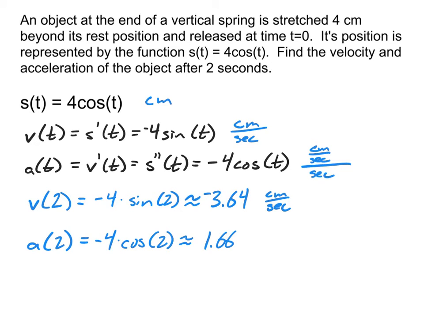So really you're looking at centimeters per second per second. Well, we've seen this before. We've seen there's a shorter way to write this. Instead of centimeters per second per second, which is correct, we can write that a little bit shorter by writing it as centimeters per second squared. And then that one's done.